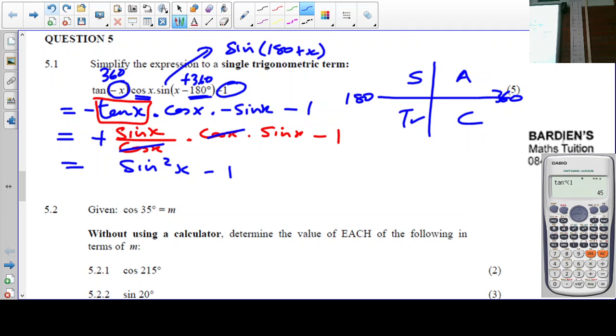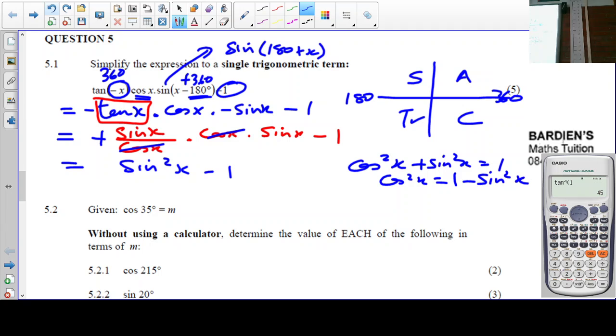But what does sine squared x minus 1 remind us of? Okay, go to cos squared. What is cos squared x equal to? We know that cos squared x plus sine squared x is 1. So cos squared x is equal to 1 minus sine squared x.